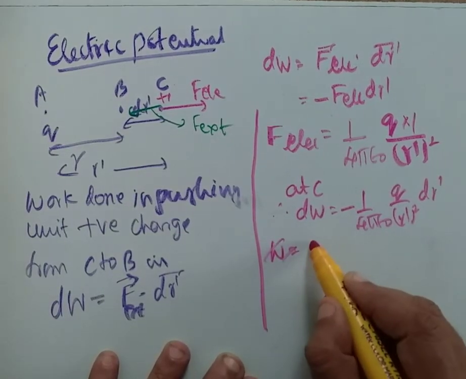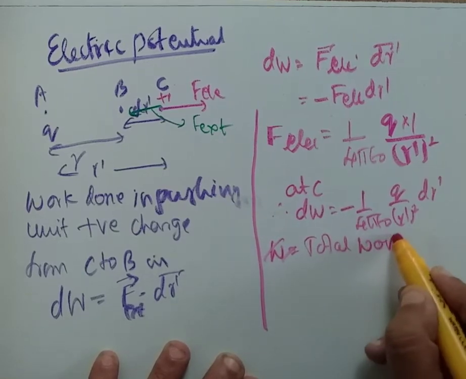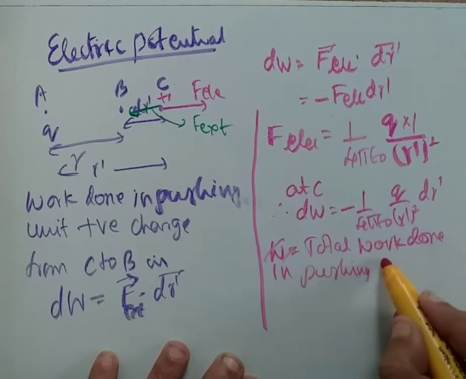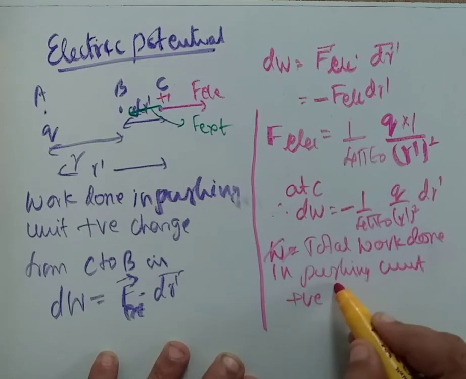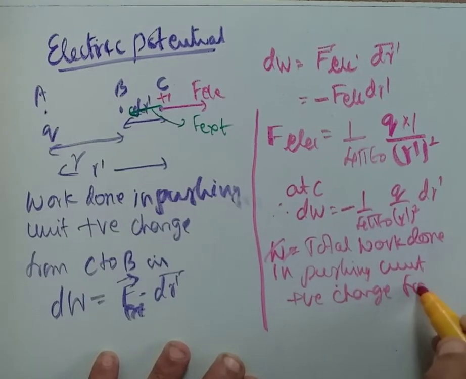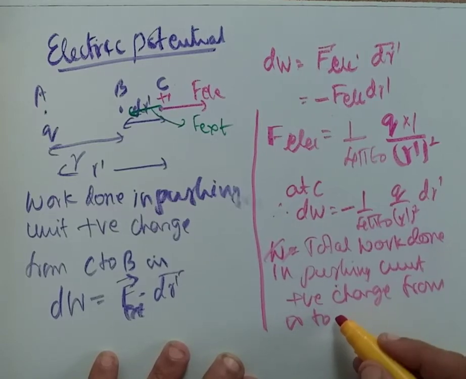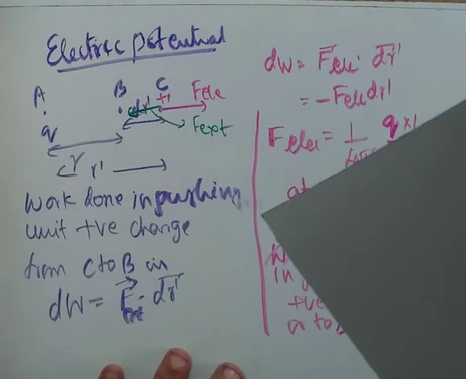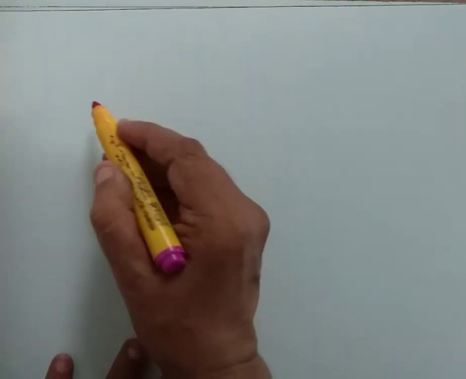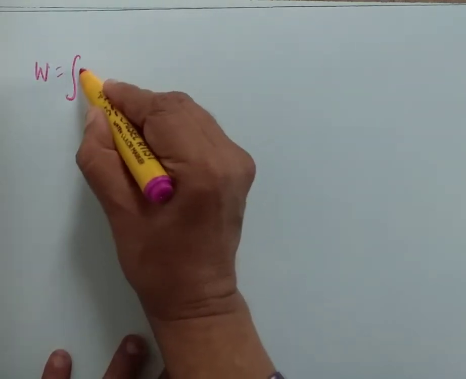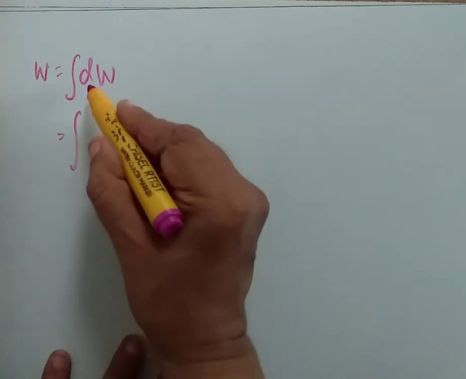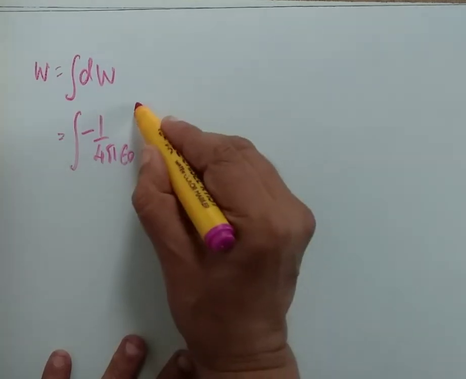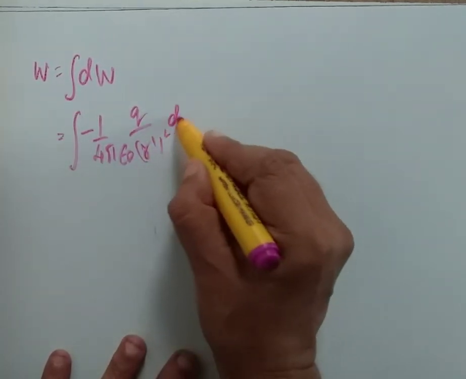The total work done in pushing a unit positive charge from infinity to B, I write like this, just observe: W equals integral of dW, substituting for dW, minus 1 by 4 pi epsilon naught Q by r' squared dr'.